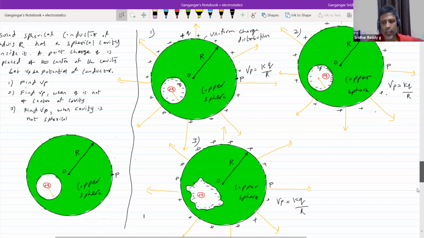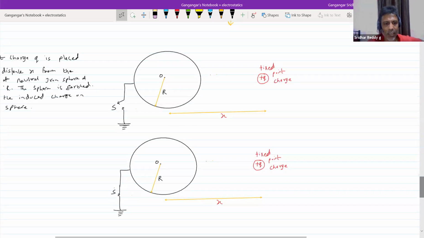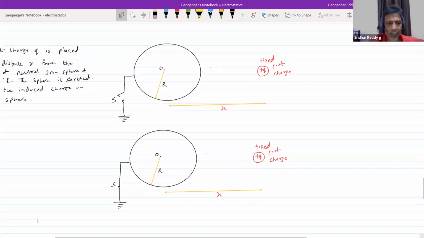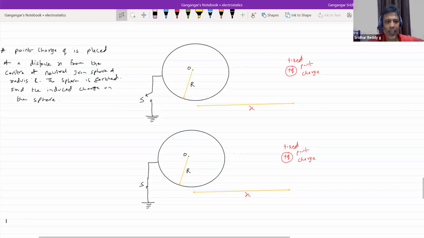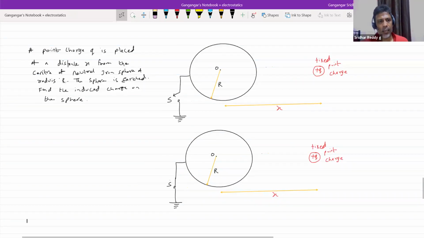Okay, take this one. You can say this is the basics of electricity. The concept of current electricity is what is being generated from this particular diagram. Now there's a conducting neutral iron sphere. It is the same concept here now.